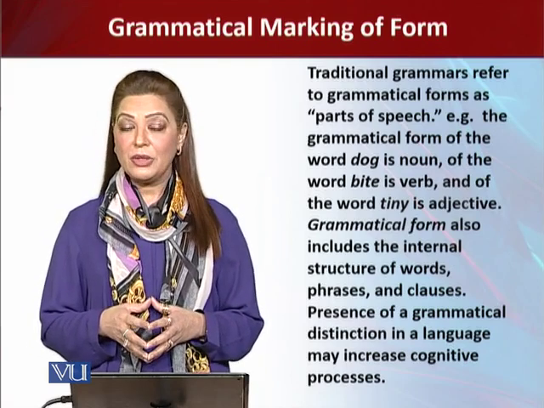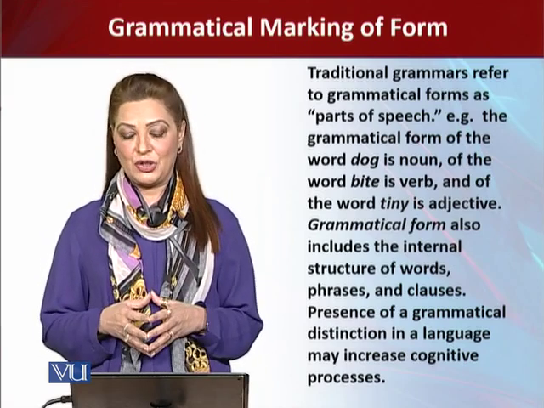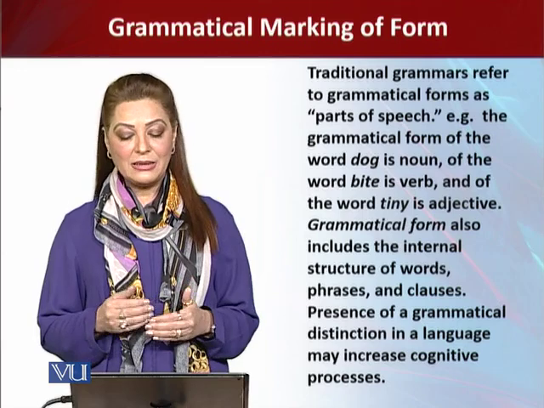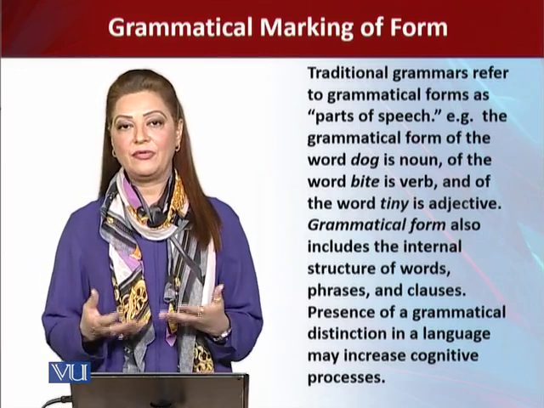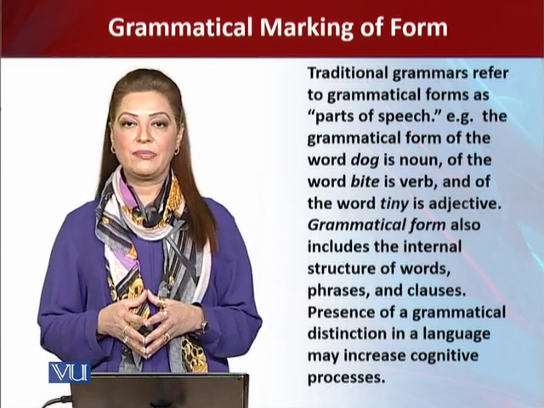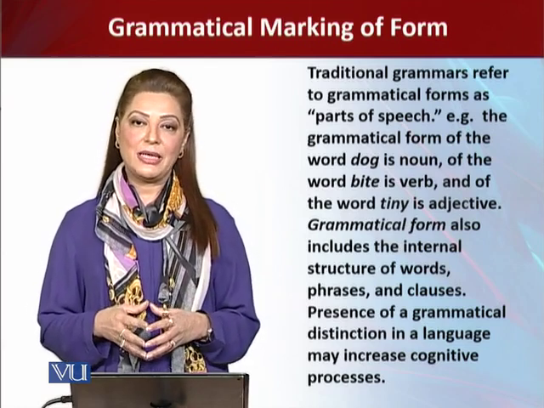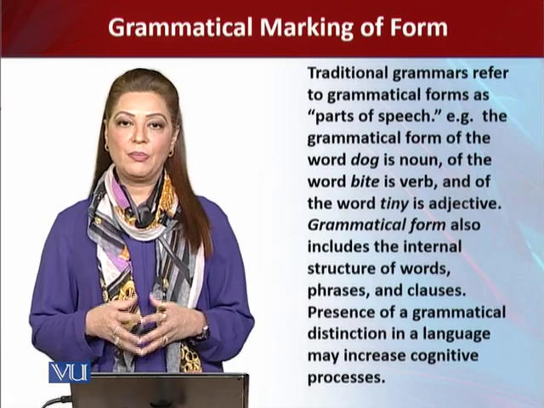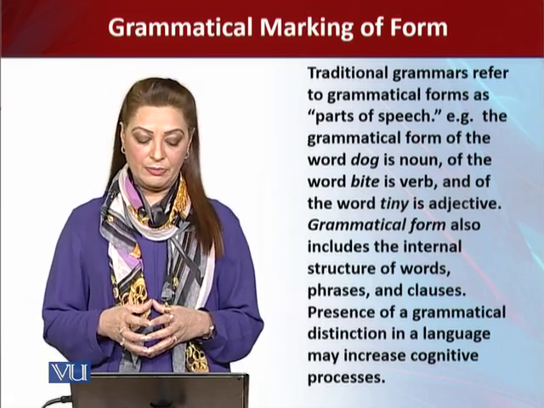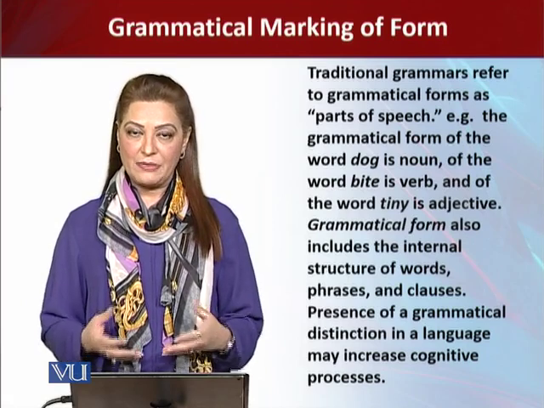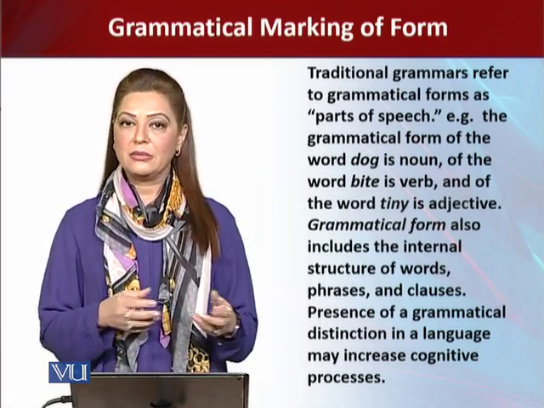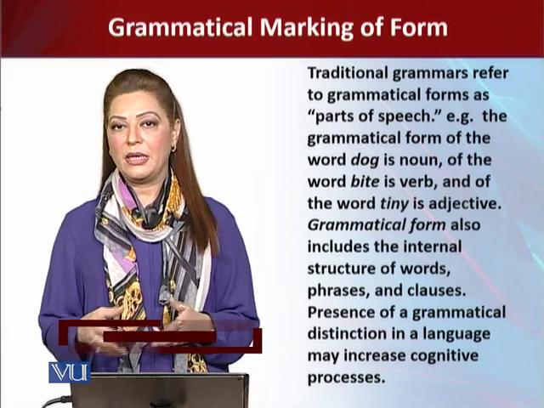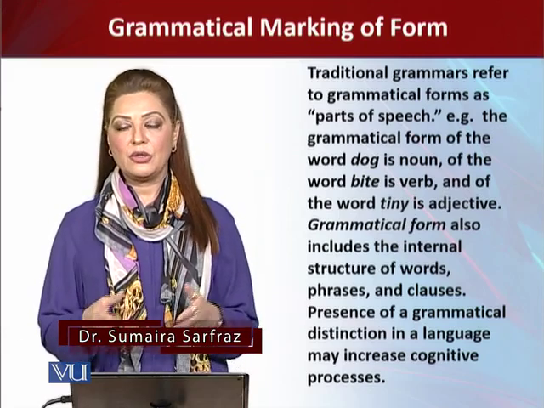Grammatical form also includes the internal structure of words, phrases, and clauses, which have multiple other grammatical units. Now, the internal structure can be described by possible inflections, for example, if you talk about dog, the singular and the plural form, which is dog and dogs.